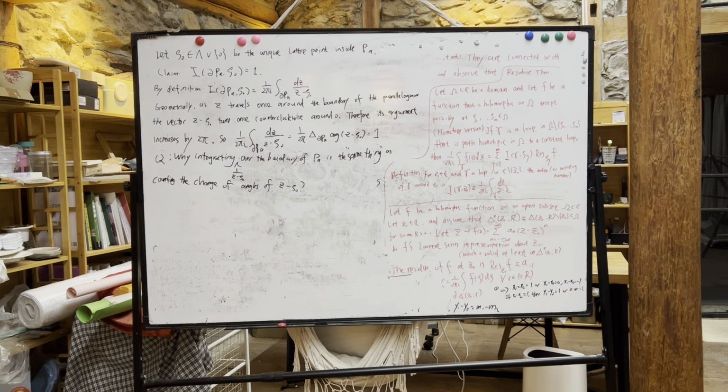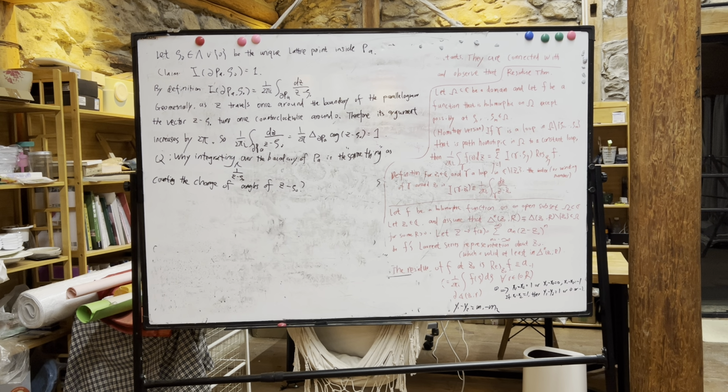1 over 2 pi i times counting the total change of the argument. I'm not sure why they are the same thing. Because on the one hand, you have the line integral of the function 1 over z minus zeta naught, right? I think there is 1 over the radius, and there is also the boundary line integral in play, so you have to count the boundaries.